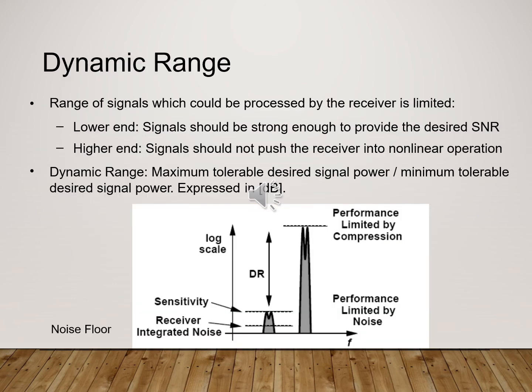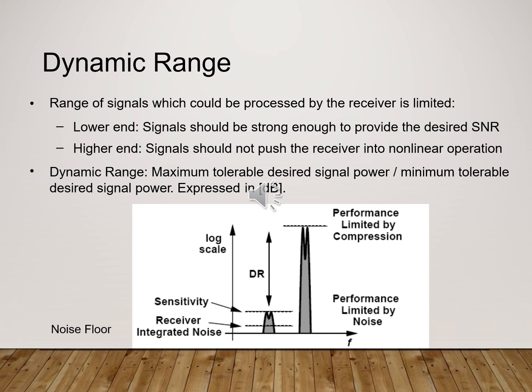The dynamic range of signals which can be processed by the receiver is always limited, so we define a lower end and a higher end. At the lower end, signals should be strong enough to provide the desired SNR, and note that the lower end is close to the power sensitivity of the receiver.